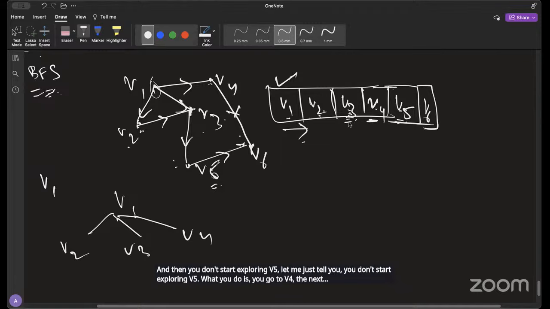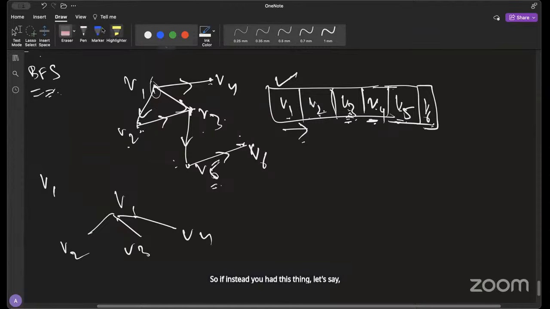After you're done exploring V3, you go to V4 and then you explore V4 first. So V6 is here because V6 is directly connected to V4. That's why we have a V6. So if instead you had this thing, let's say if you had V7 instead, then you would see V7 first here, and then you would see V6. Okay.